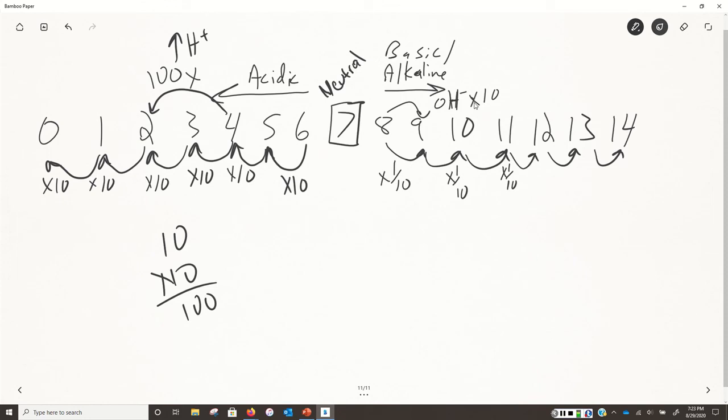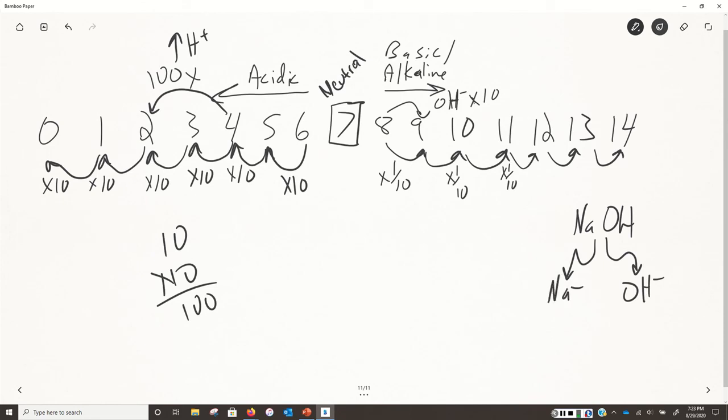A common base is something called NaOH, or sodium hydroxide. Sodium hydroxide, NaOH. A definition that you will often see for bases also involves dissociation. When you put them in water, they dissociate or fall apart into OH minus and something with a positive charge.